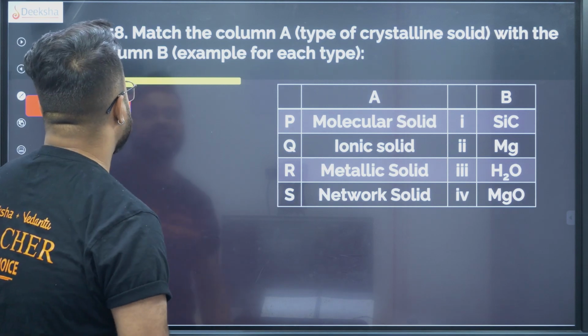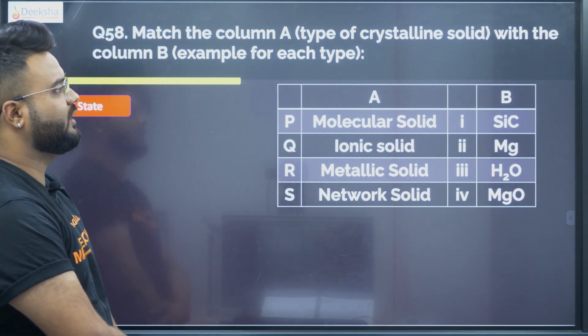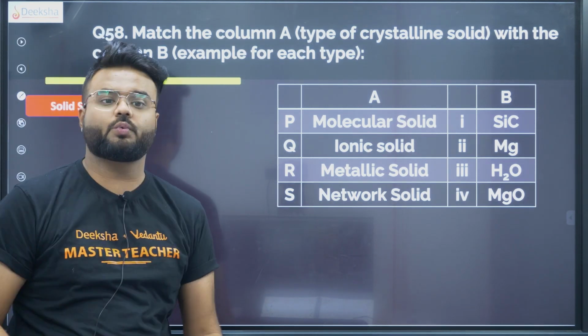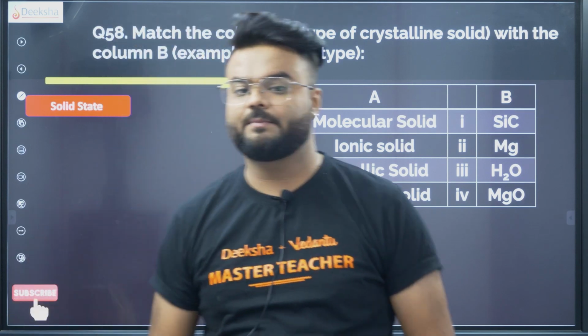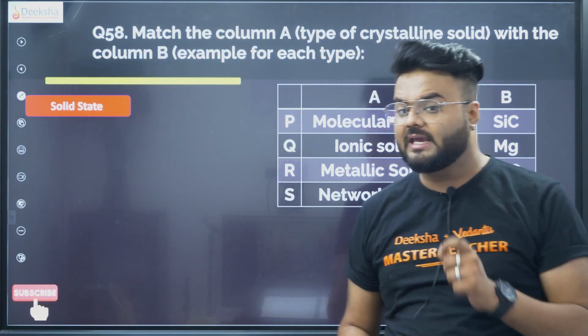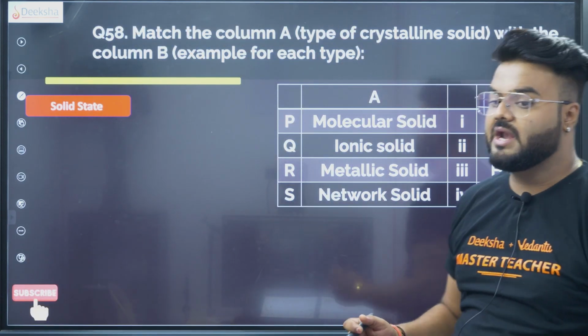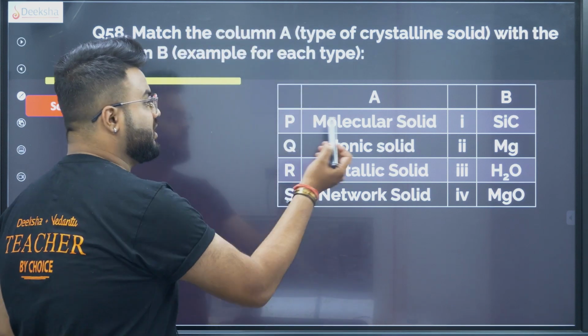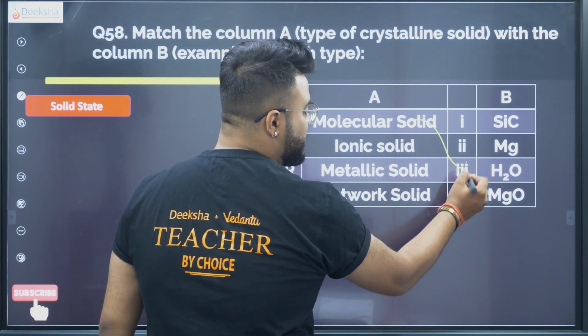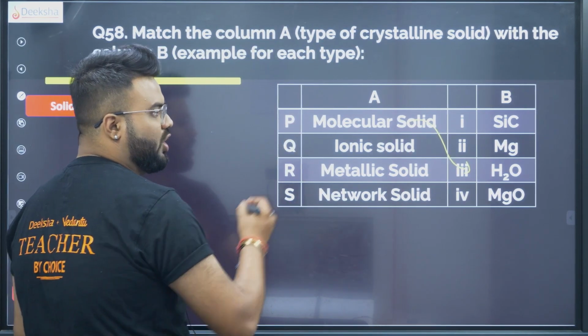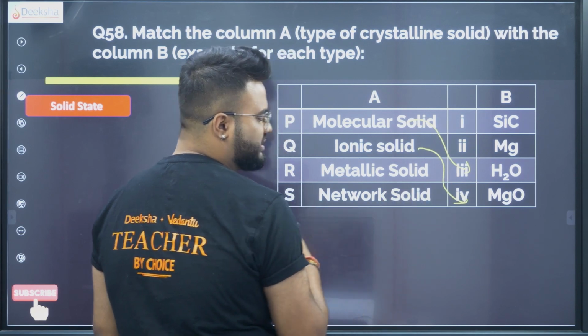Okay, now the next question: match column A, the type of crystalline solid, with column B, the example for each type. This is again a solid state question. Now let us match this. Molecular solid, we know, is water, that is H2O. Ionic solid is magnesium oxide.